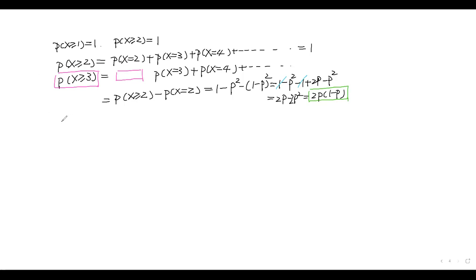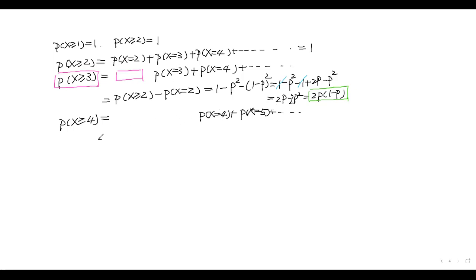Now how about the probability x greater than or equal to 4? It is the probability x equal to 4 plus the probability x equal to 5 and so on. You use the same thing: the 4 and the 3 is only missing here.